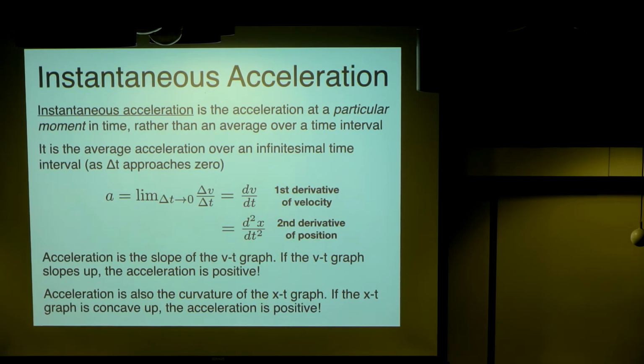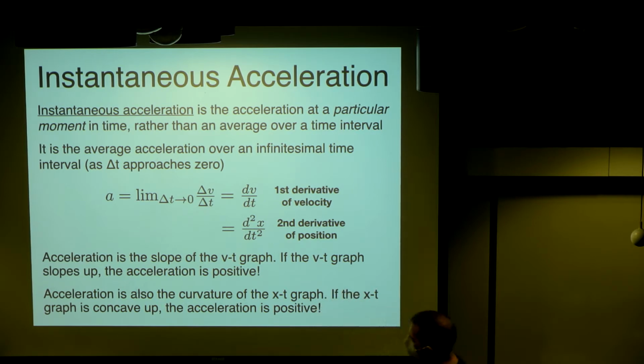And that is what's going to allow us to define this thing called the instantaneous acceleration. When we say instantaneous, it's important to remember what this means. It means the acceleration at just one moment in time, as opposed to an average over a time interval. The way we do this, just like we did with instantaneous velocity, is we take this delta t and we shrink it until it approaches zero size.